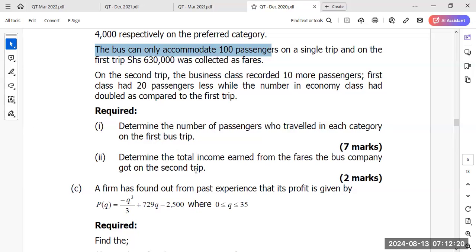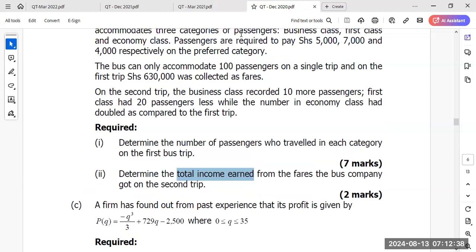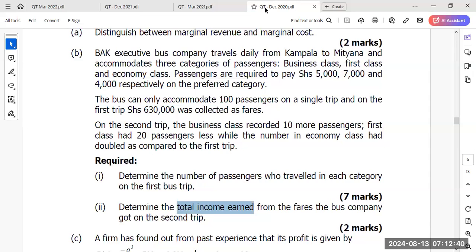On the second trip. Here we are looking for what, colleagues? We are looking for the total income. And so how are you going to calculate that?